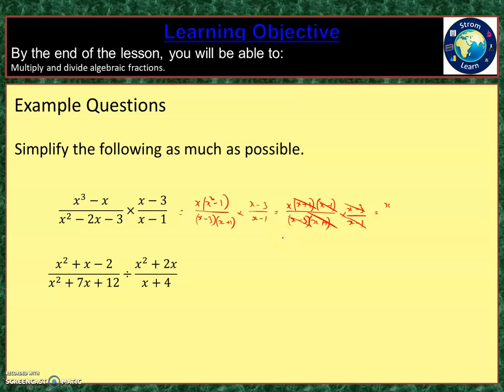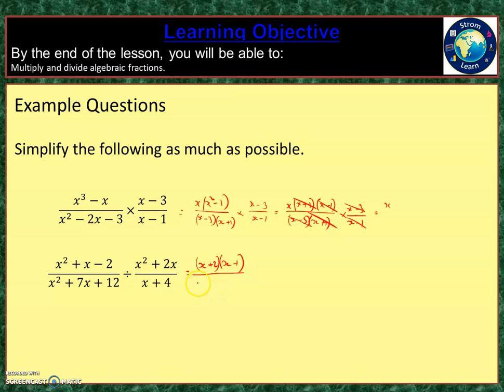Next one then. So we've got to divide fractions in this case. So we know we need to find the reciprocal of the second fraction and then multiply. It doesn't really matter what order I do this in. I might do lots in one go here. So x plus 2, x minus 1, so that's me factorising the numerator.